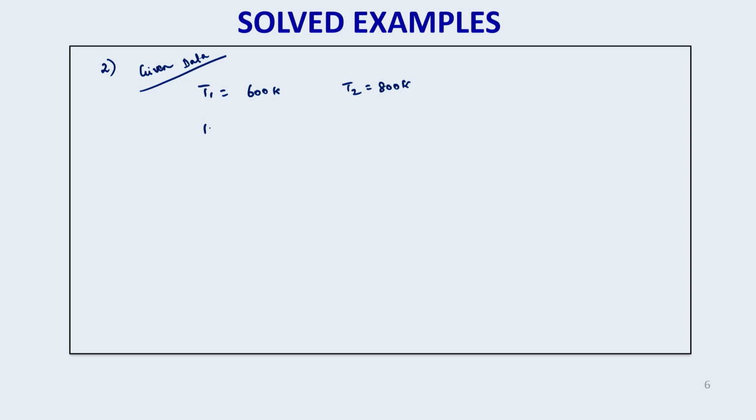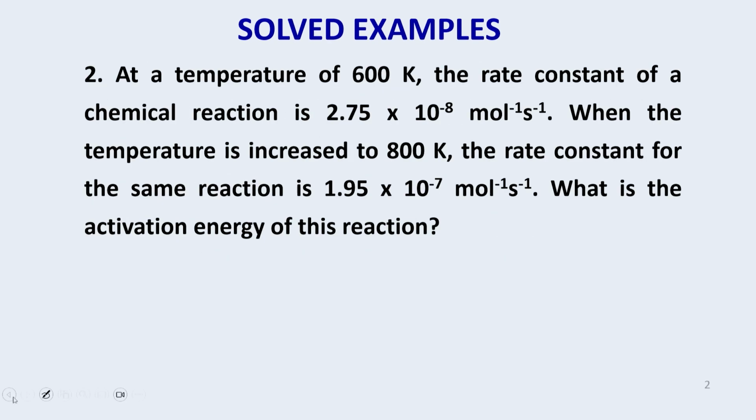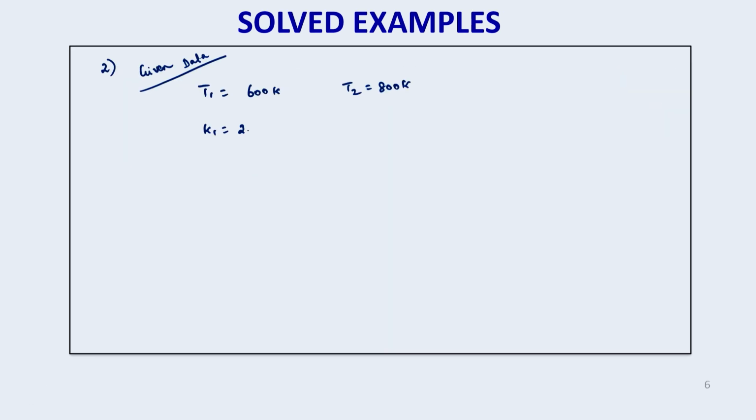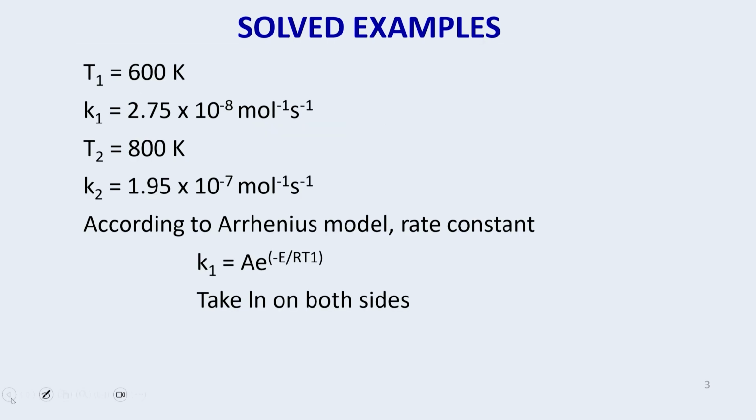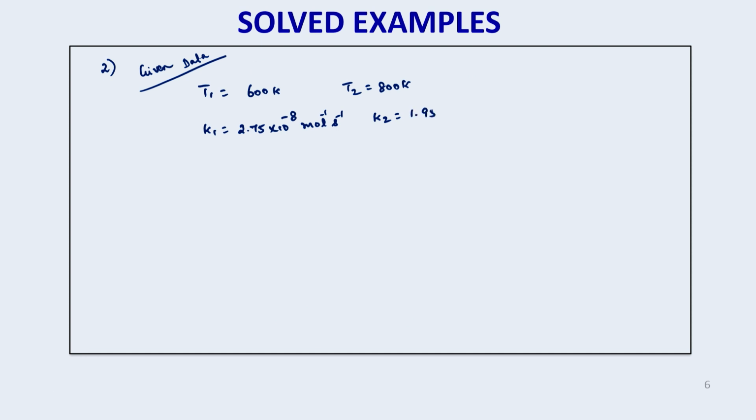Corresponding to T1, the rate constant K1 is 2.75 into 10 power minus 8 per mole per second, and corresponding to T2, the value of K2 is 1.95 into 10 power minus 7 per mole per second. So, that is the SI unit.